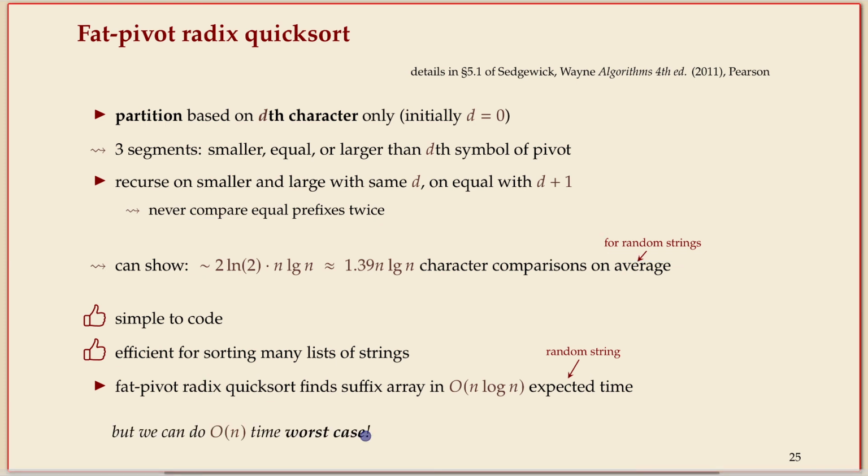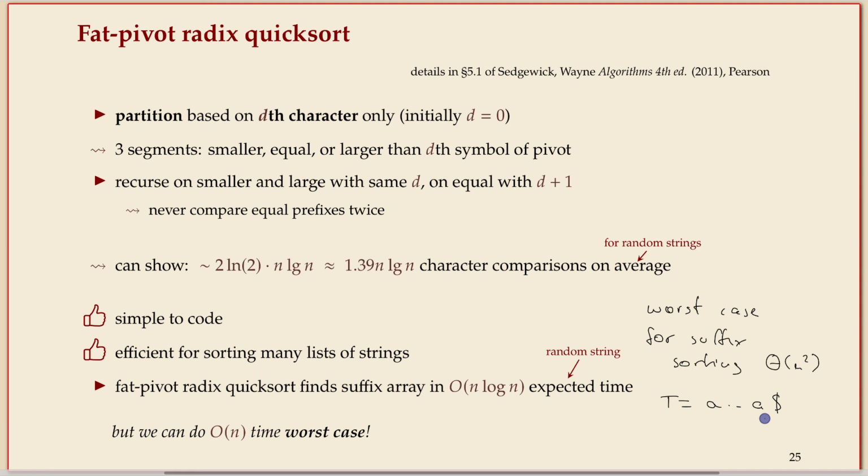But it is still not the end of the story for us, because the worst case for suffix sorting is still quadratic. And you get this for, again, our boring text that just consists of A's all over. If you think about the suffixes for this text, they will essentially always fill the middle partition, and just one is split off each time.